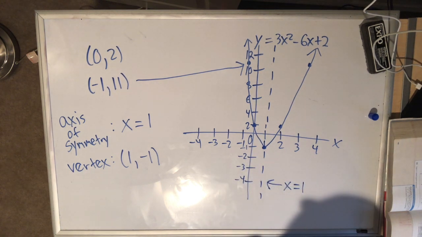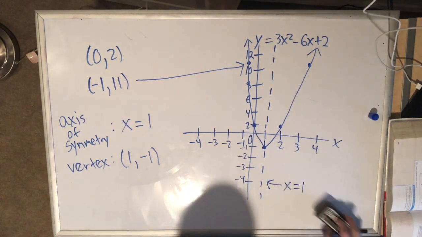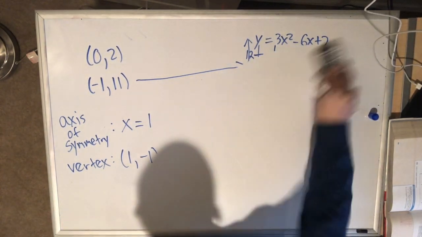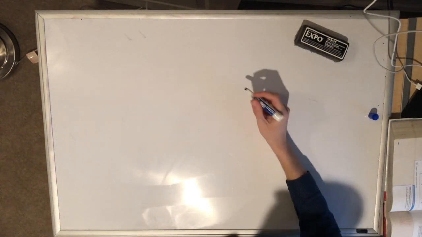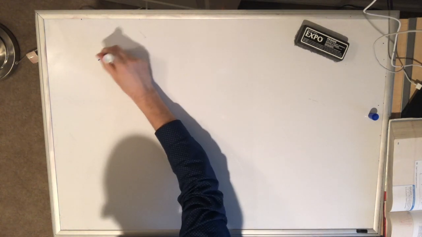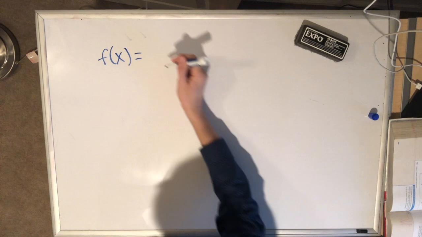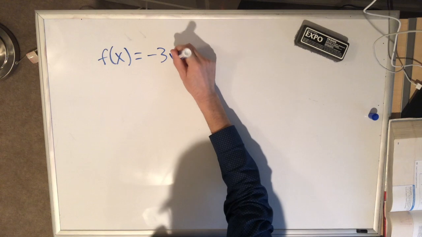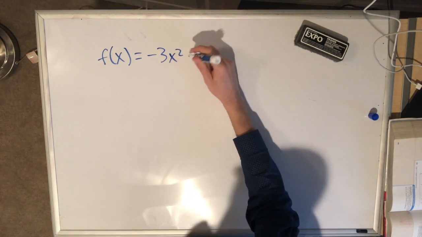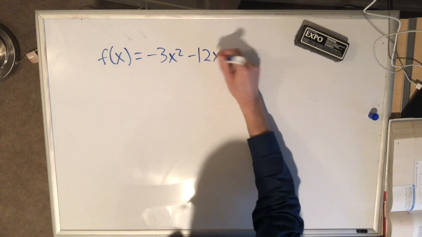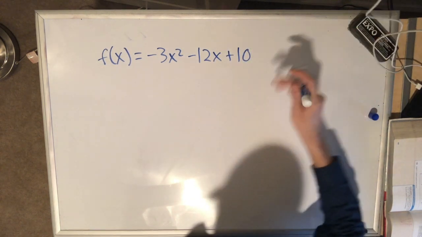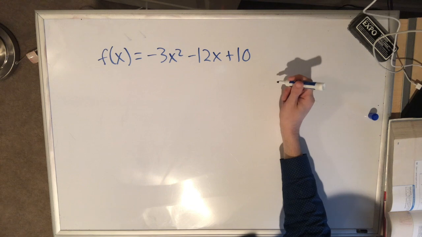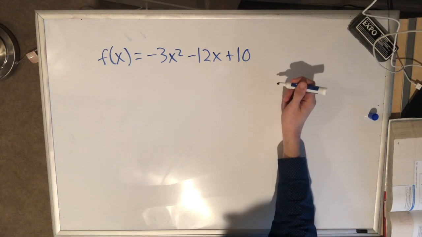Example 3. Find the minimum or maximum value. Tell whether the function f of x equals -3x squared minus 12x plus 10 has a minimum value or a maximum value, then find the minimum or maximum value.